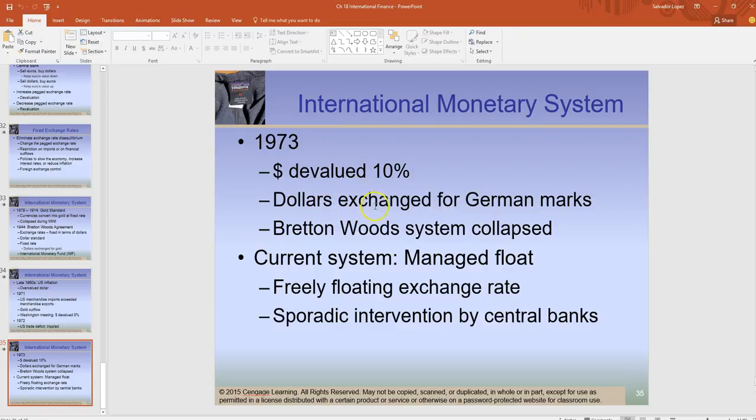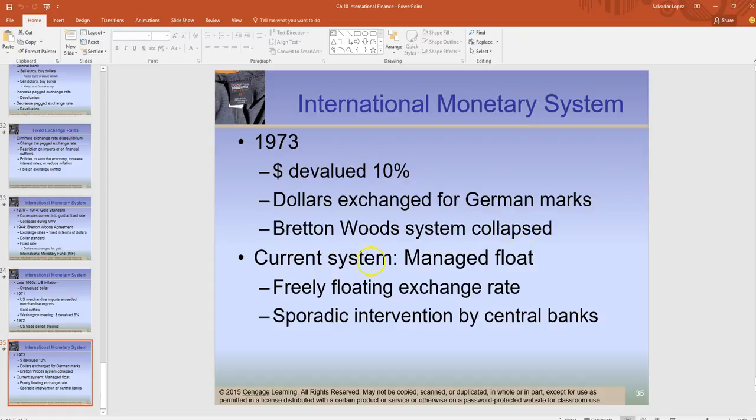People wanted to get more German marks and fewer dollars, which further devalued the dollar. The Germans bought more dollars to increase the demand for dollars, trying to appreciate the dollar, but that didn't work either. So as a result of these complications, the Bretton Woods system collapsed.